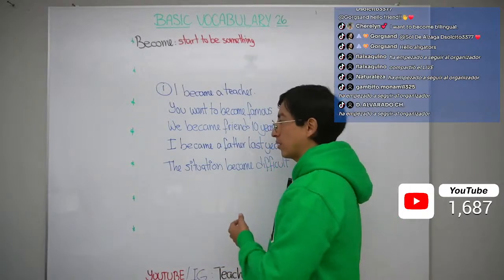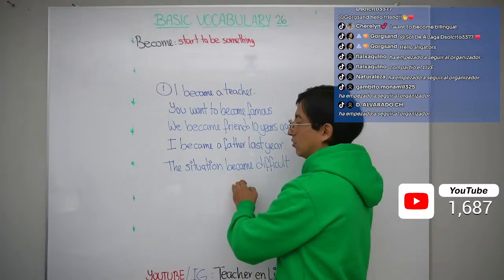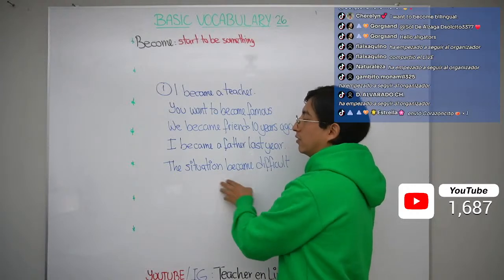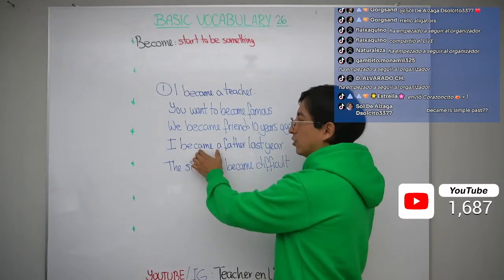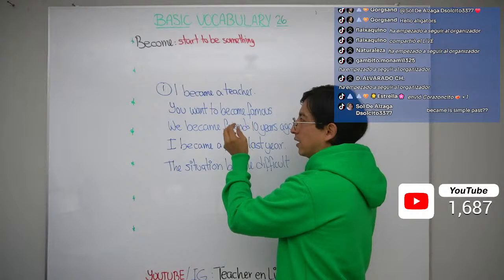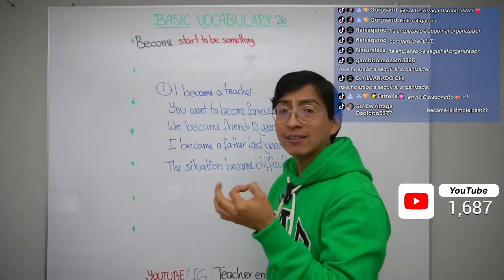Entonces, podríamos haber dicho esto, la situación se hizo difícil, la situación llegó a ser difícil, la situación se convirtió en algo difícil, ¿ya? Así que become no tiene una traducción específica, cambia como tú puedes ver, pero esa es la idea, comenzar a hacer algo.